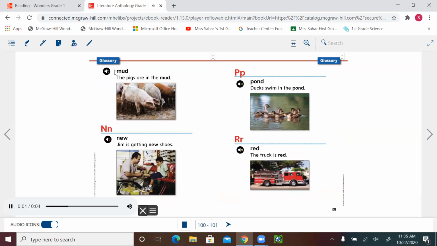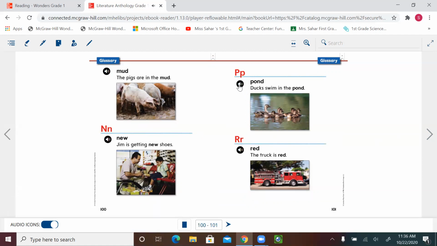Mud. The pigs are in the mud. Remember our story when the pigs liked to be in the mud, and that helped them to be away from the wolf and protect themselves from the wolves, when we were talking about different materials used to build different houses. New. Jim is getting new shoes.